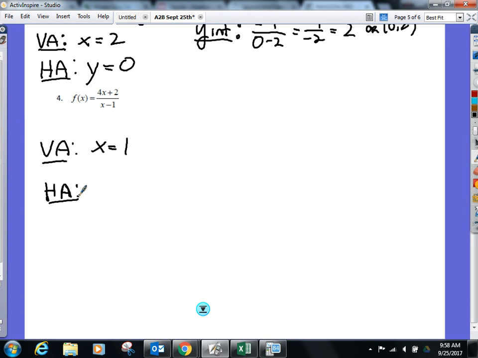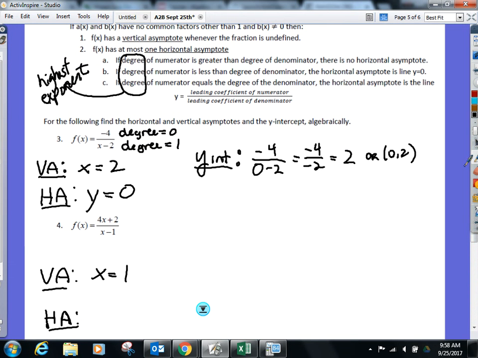Degree in the denominator up here? 1. So what are you telling me? The degrees in the numerator and denominator are the same. What do we do if they're the same to find the horizontal asymptote? If the degrees are equal, the horizontal asymptote is the line leading coefficient divided by leading coefficient.